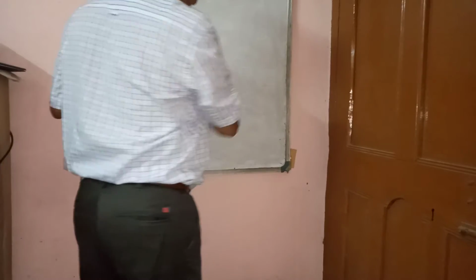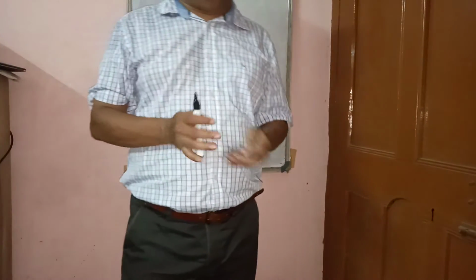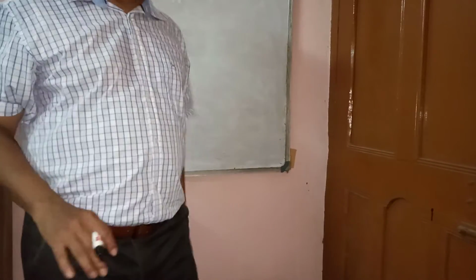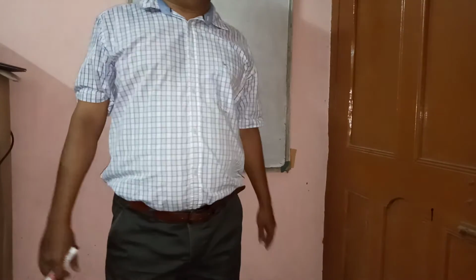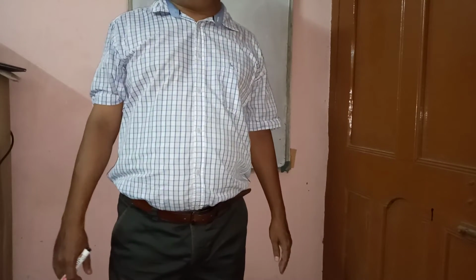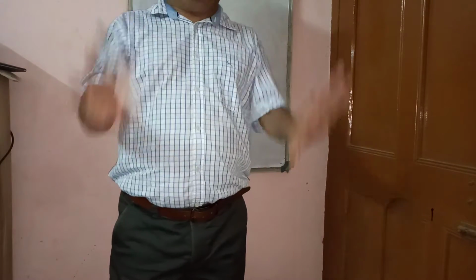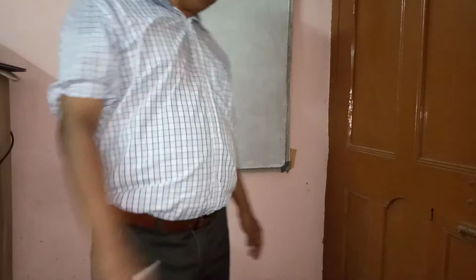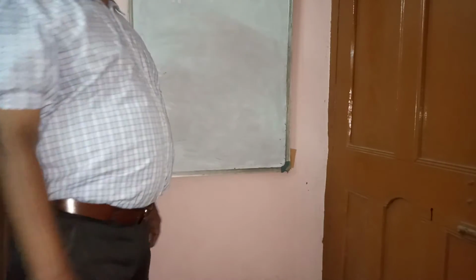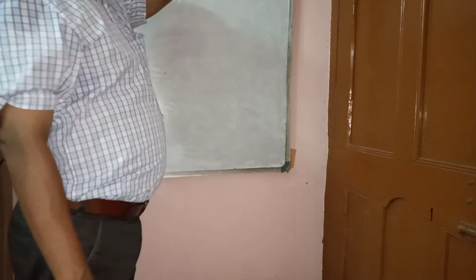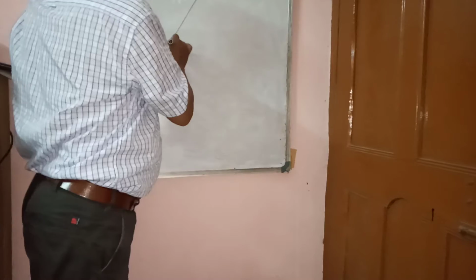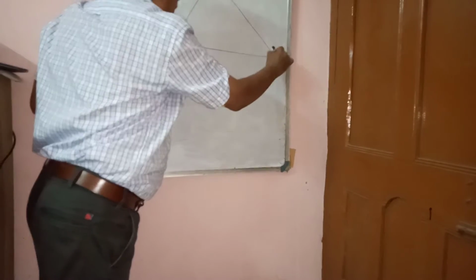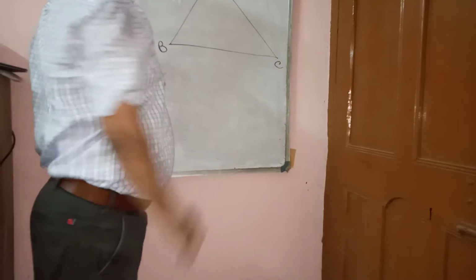Next one, suppose I am telling if two triangles are not similar, then what is the relation, the ratio of their area. Now look at here, two triangles are there, A, B, C. Triangle is there.